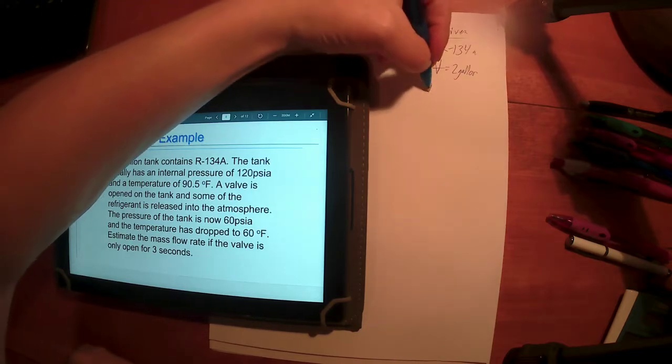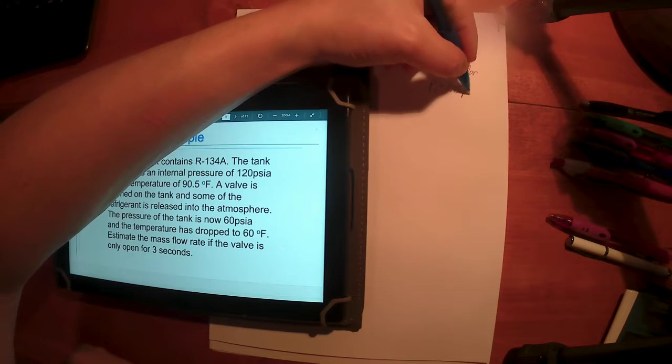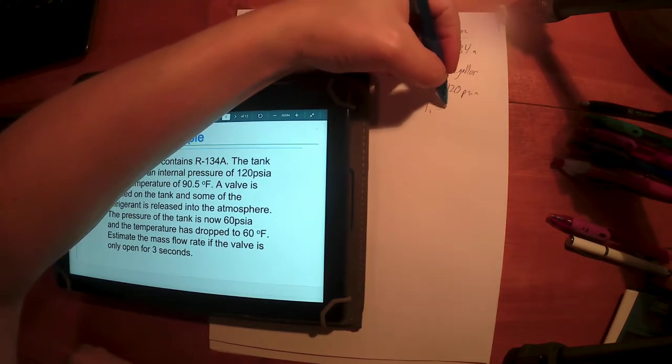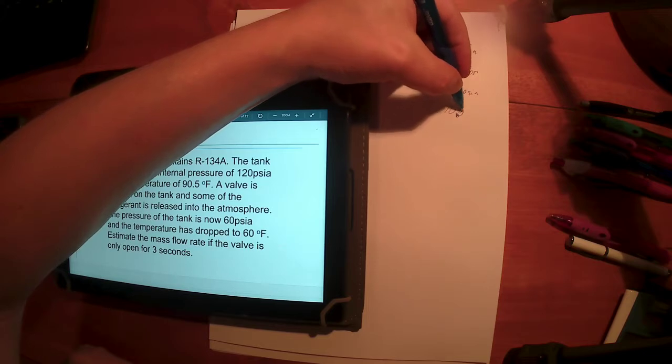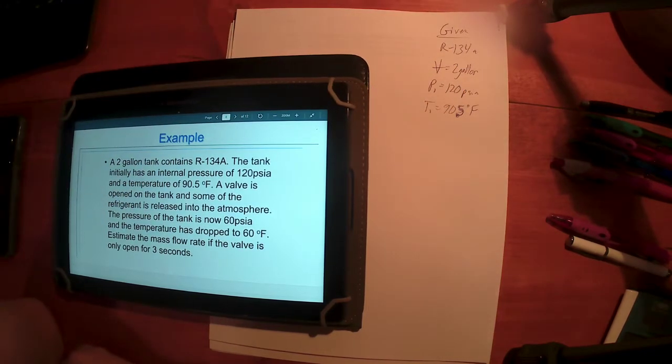We've got an initial pressure of 120 pounds per square inch absolute, and an initial temperature of 90.5 degrees Fahrenheit. So it's been sitting in a hot van, probably from a repair person's heat and air or refrigerator.